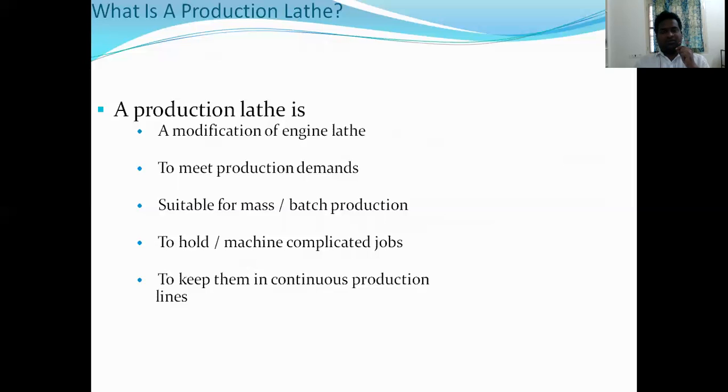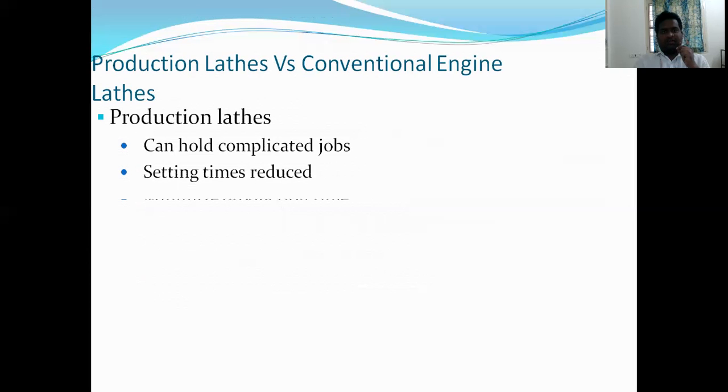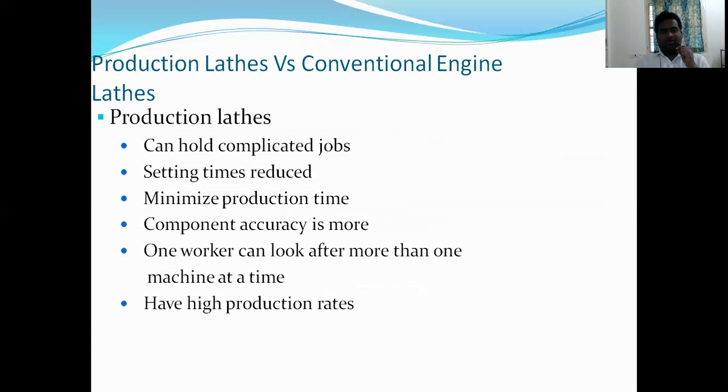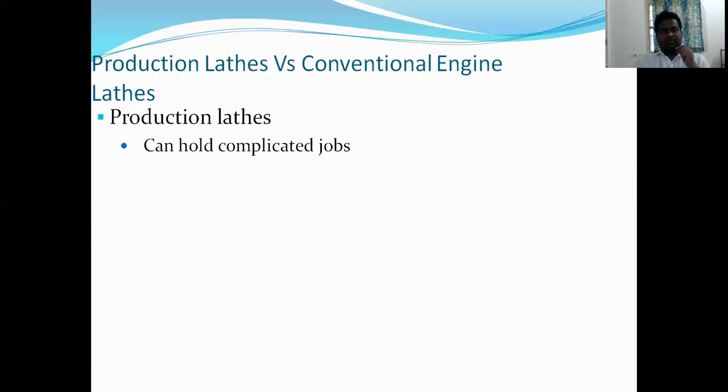So this is about the production lathe. And we also have some important points: production lathe versus conventional engine lathe. In the production lathe, as we have already discussed, it can hold complicated jobs.